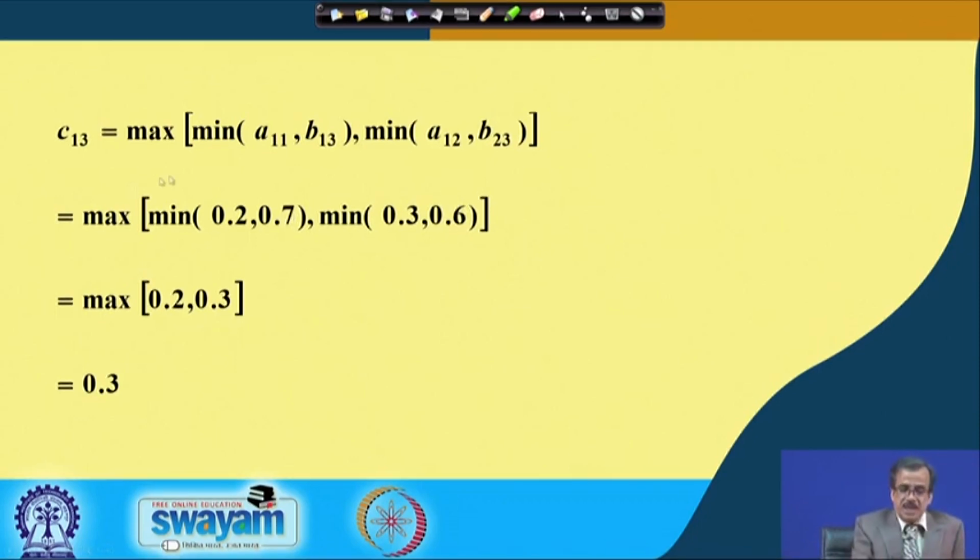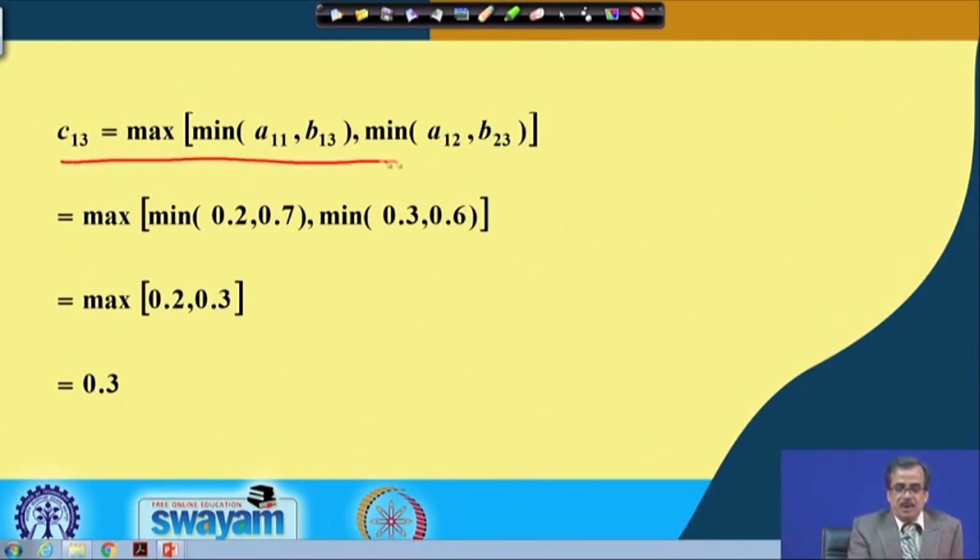Now, by following the same procedure, I can find out C13, which is the maximum of the minimum between A11 and B13, and the minimum between A12 and B23.